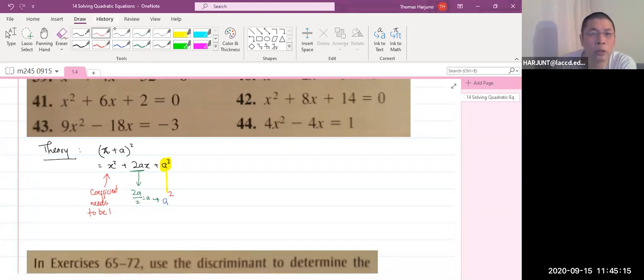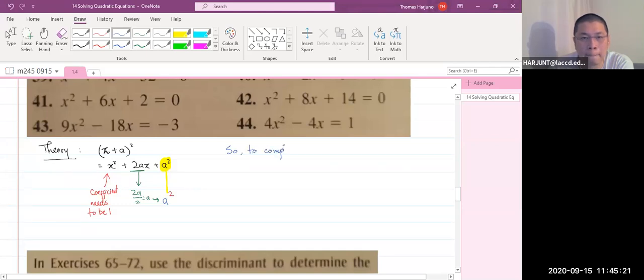So basically, to complete, for example, x squared minus 6x, the leading coefficient has to be 1.